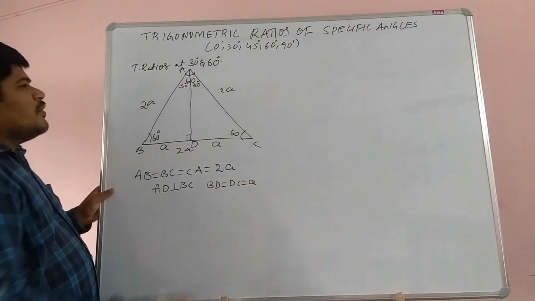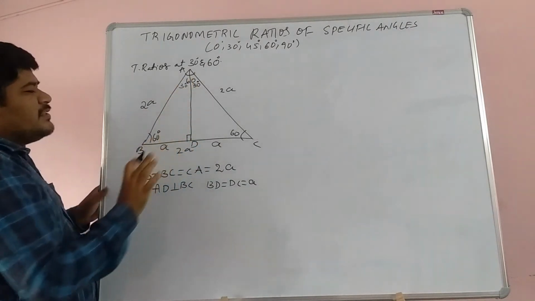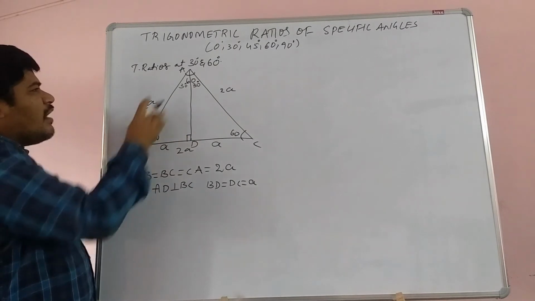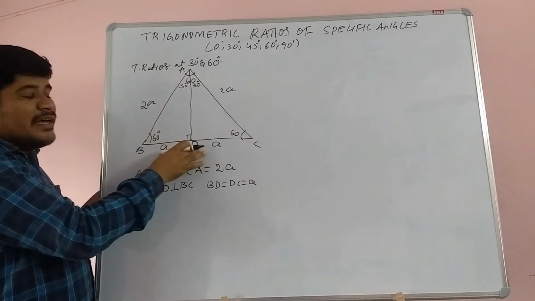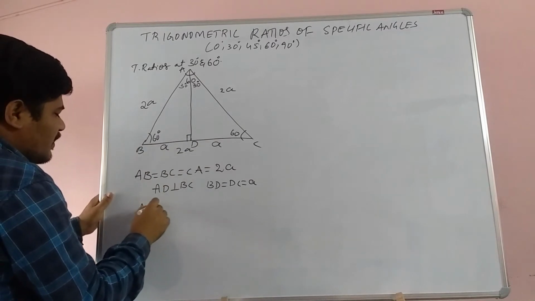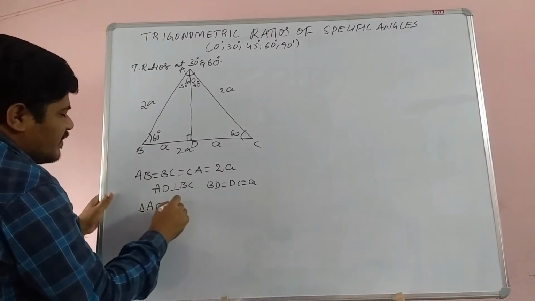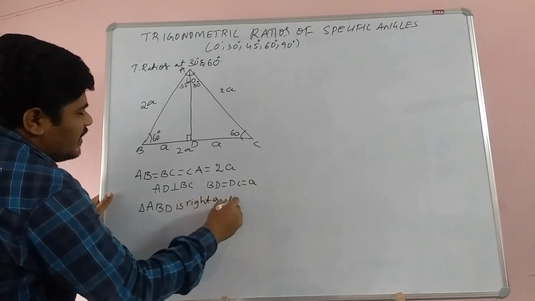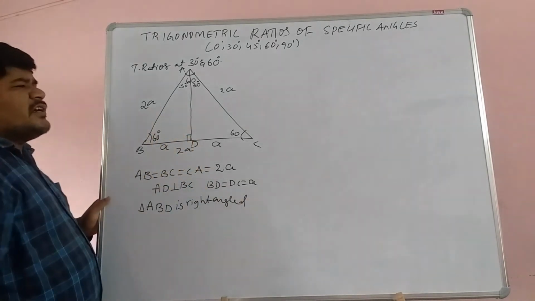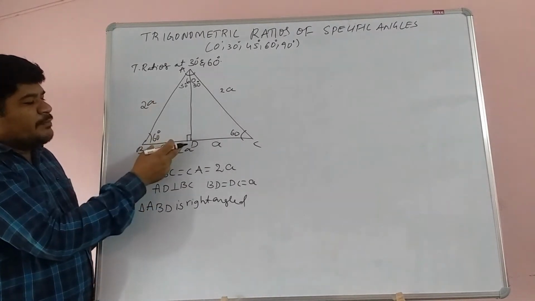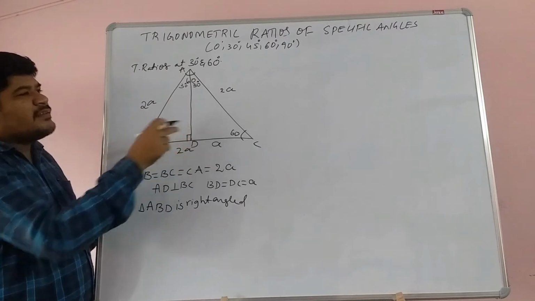Okay, now we need to find the length of AD. This is a right angle triangle. Triangle ABD is right angled at D. Then what is the hypotenuse here? AB. BD is one side and AD is another side.